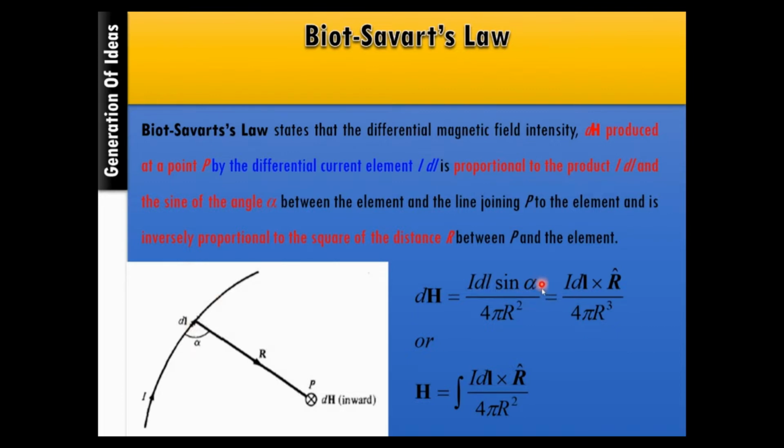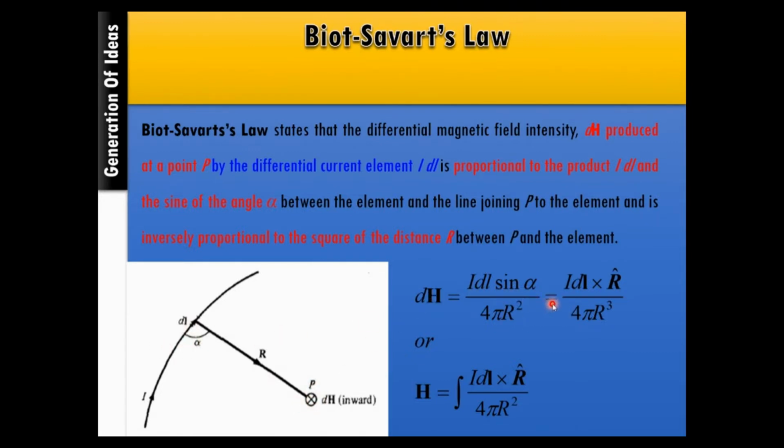Alpha is the angle, you can see here, that joins the dL line and the line joining the observation point P.